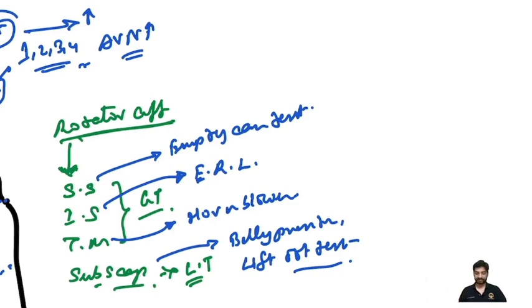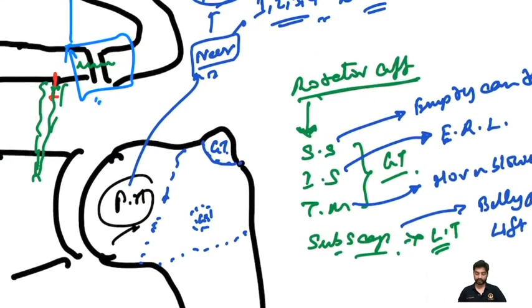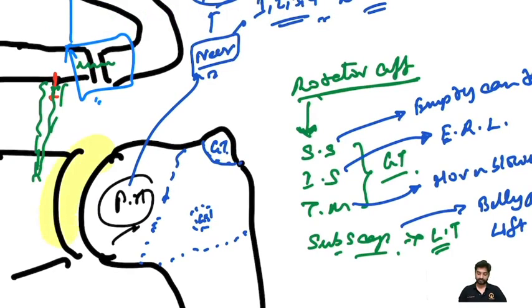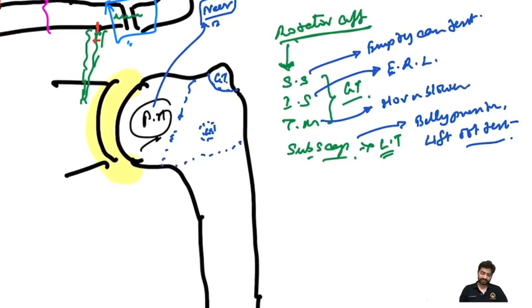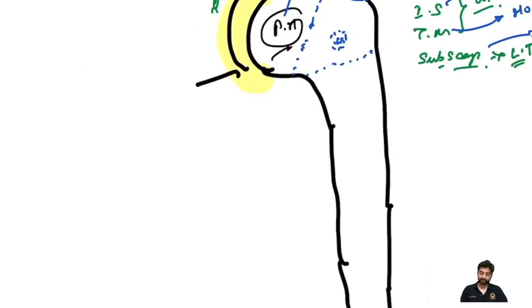Okay, like that. So coming from the rotator cuff, let's go to your shoulder joint. This is a very important joint. Some questions can be asked about it: it's a ball and socket type of joint.